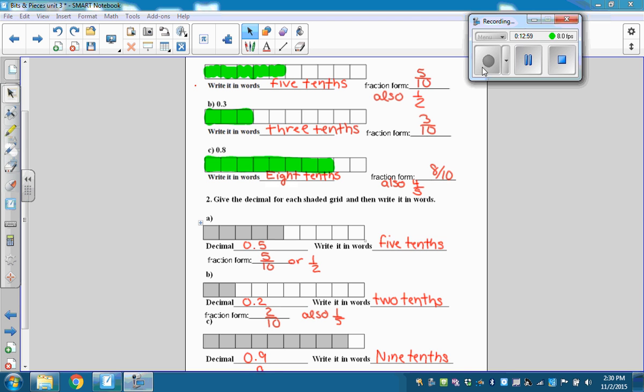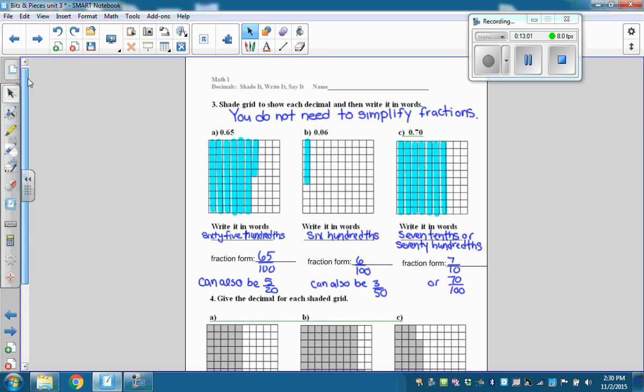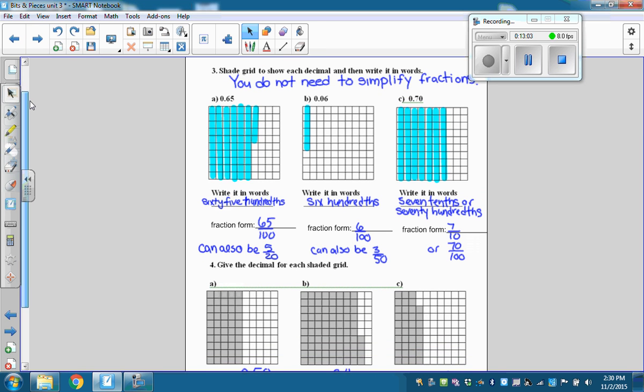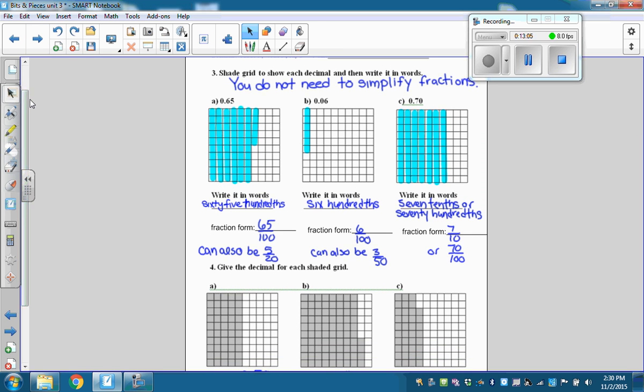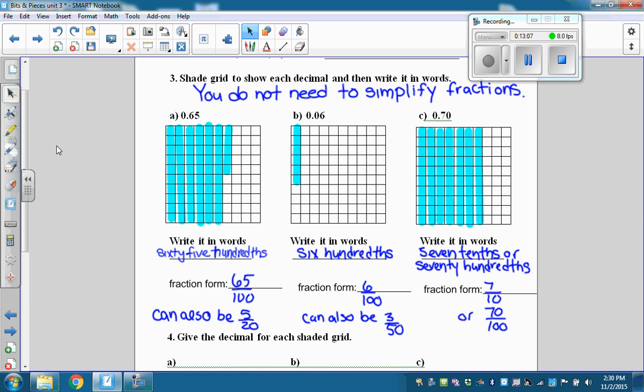Okay, let's check the second page. You might not have gotten all of these, but look at the ones that I have here. How do the shadings look? Good? But they match your answer? Yeah. Okay.